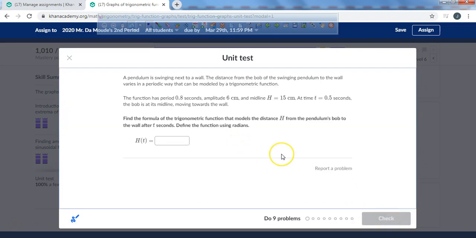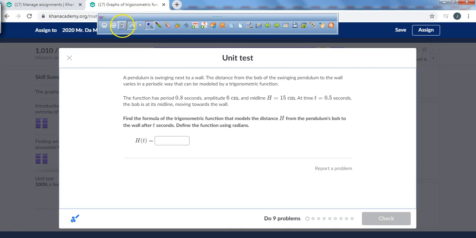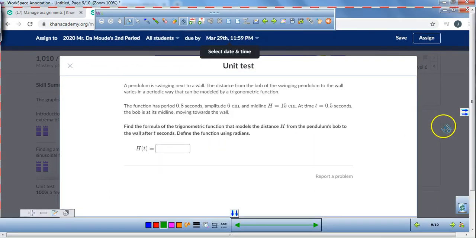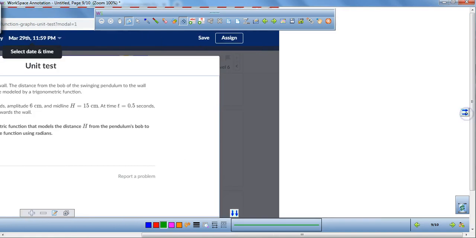Alright, we're going to do one last question that deals with a more difficult one. We're going to do this last one dealing with a pendulum next to a wall, as it's swinging. I'm going to do my best to draw a picture of what's happening.